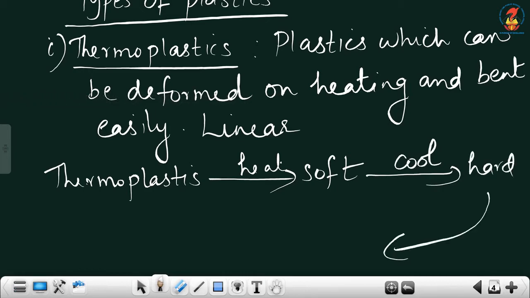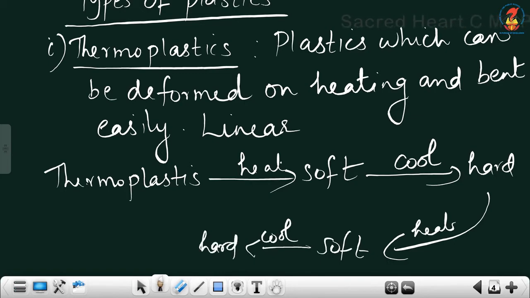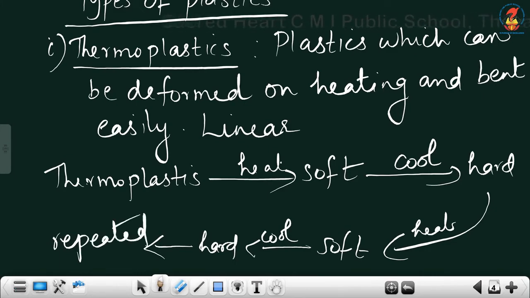And again you heat it, it becomes soft, cool, it becomes hard. The same process can be repeated any number of times. So such plastics are known as thermoplastics.